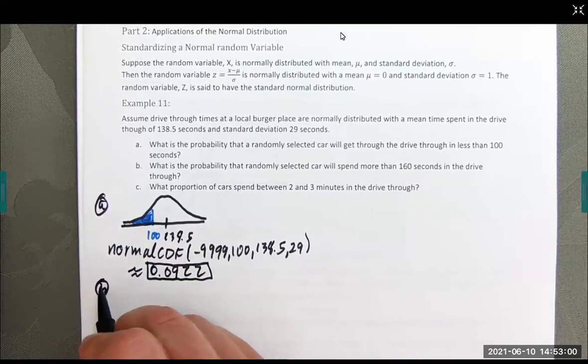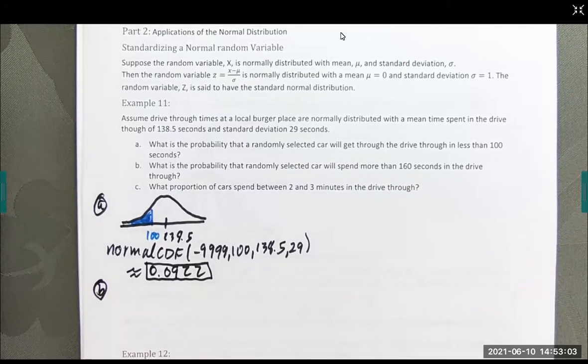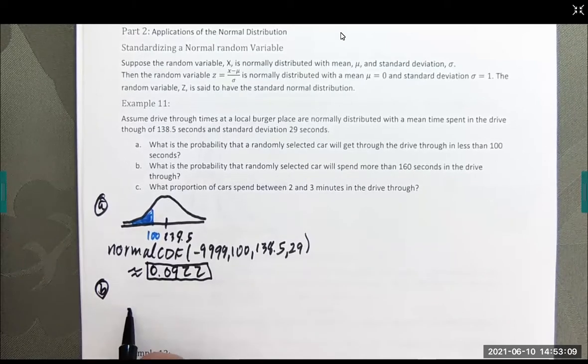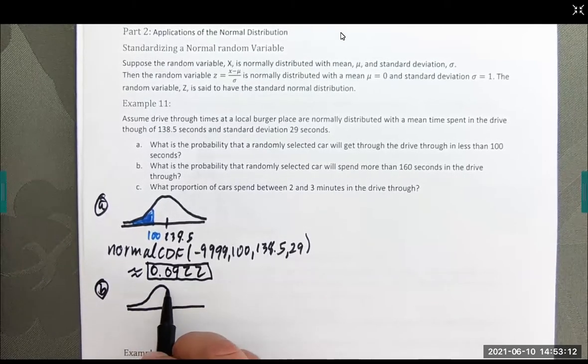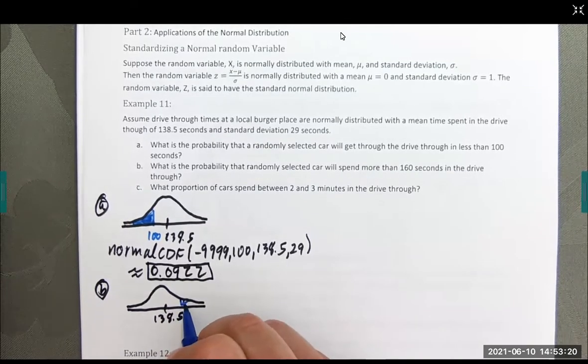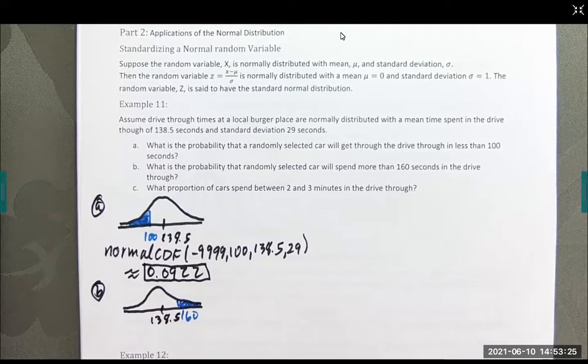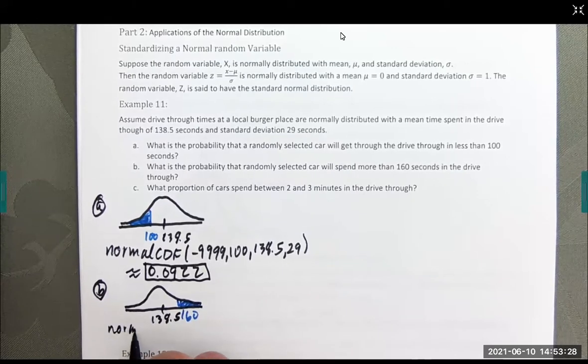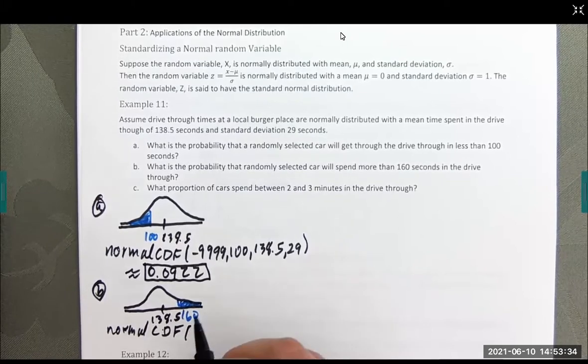Let's try B. B says, what is the probability that a randomly selected car will spend more than 160 seconds in the drive-through? Well, that's going to be here. 138.5, more than 160. This is 160. This would be normal CDF. Now we're starting at 160 and we're going off to a big number with a new mean and standard deviation.